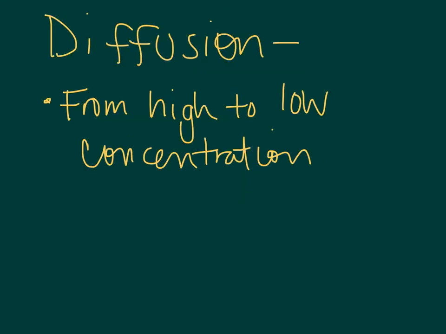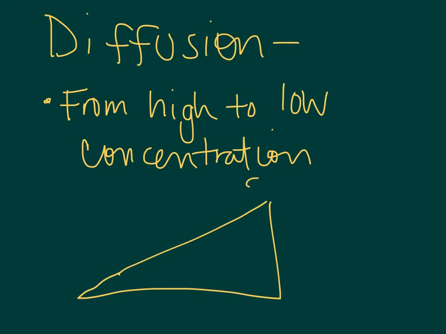When we talk about diffusion moving from high concentration to low concentration, we call it moving down the concentration gradient. What I typically do is compare it to an inclined plane: if you put a ball at the top of it, what happens to the ball quite naturally?